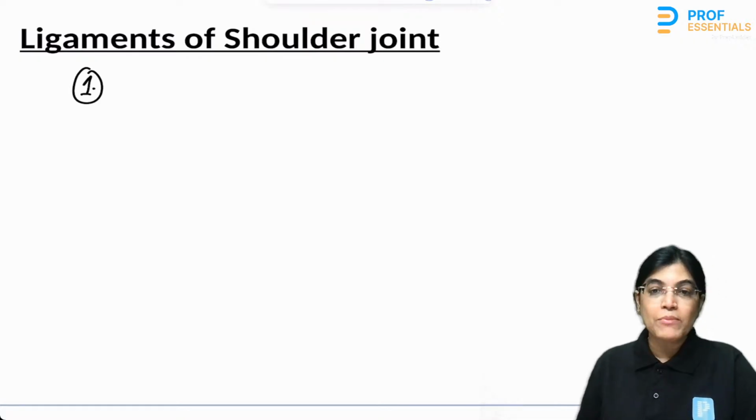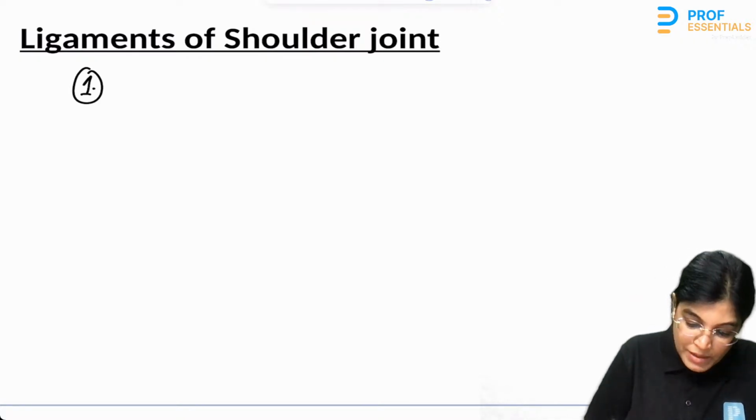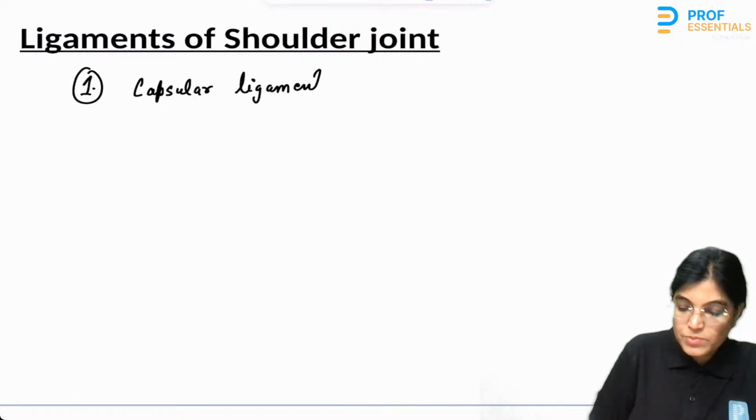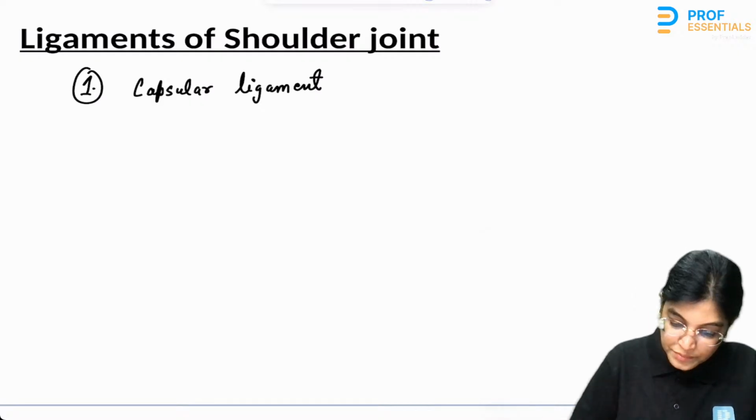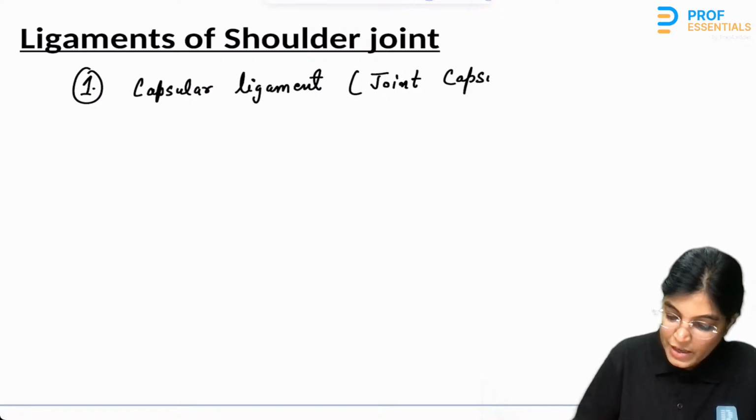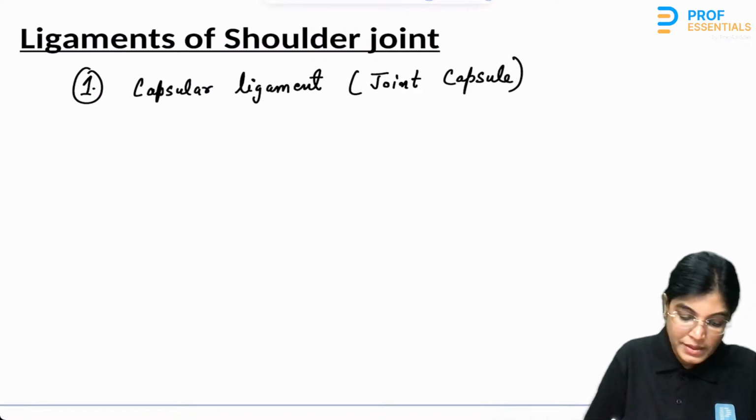An important primary ligament of the shoulder joint is the fibrous capsule, the capsular ligament, which is lined on the inner aspect by the synovial membrane, forming the joint capsule, which is a key feature for all kinds of synovial joints.